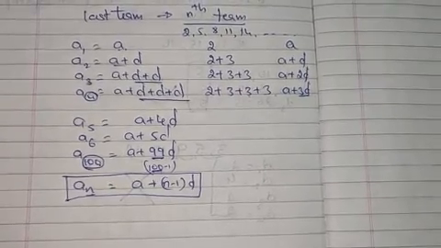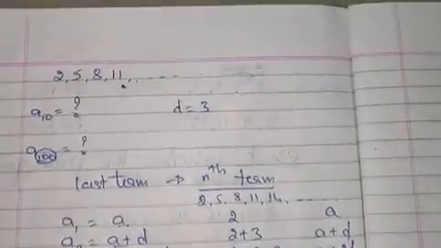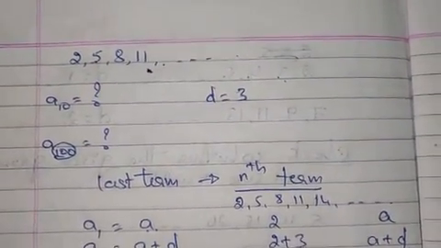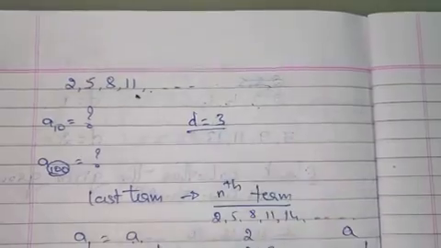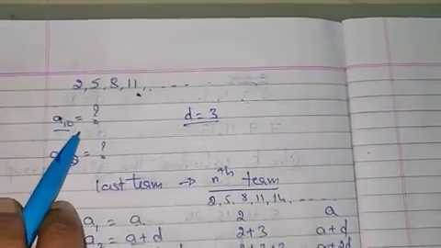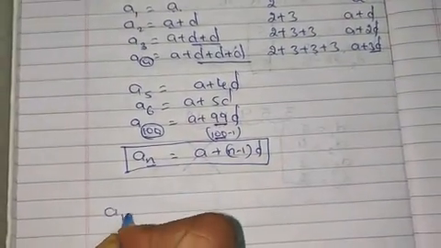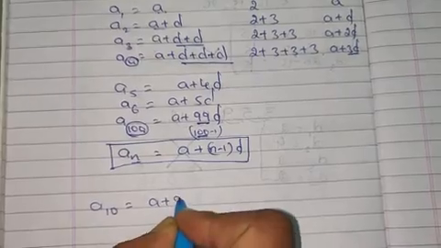It is very important to solve the problems. So let's come back to our example. 2, 5, 8, 11, where d is equal to 3 we have found. They have asked us to find the 10th term. How can we write the 10th term? We'll substitute here. So a10 is equal to a plus 9d.